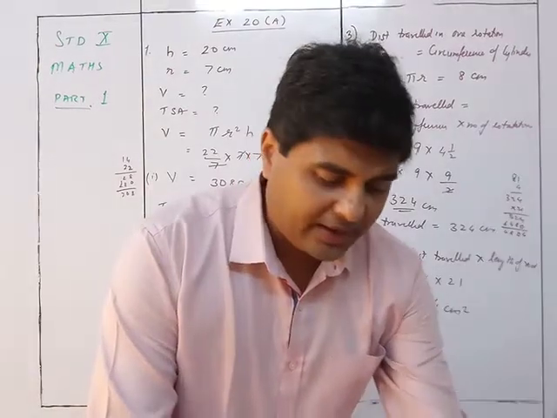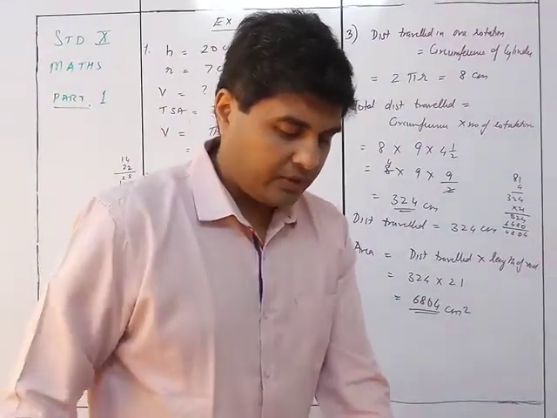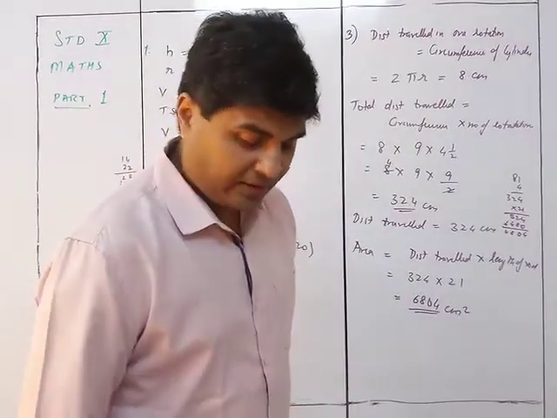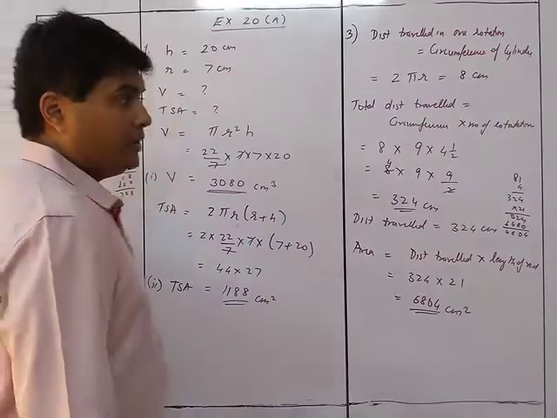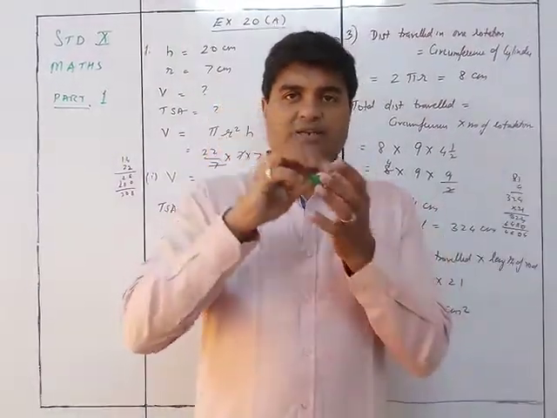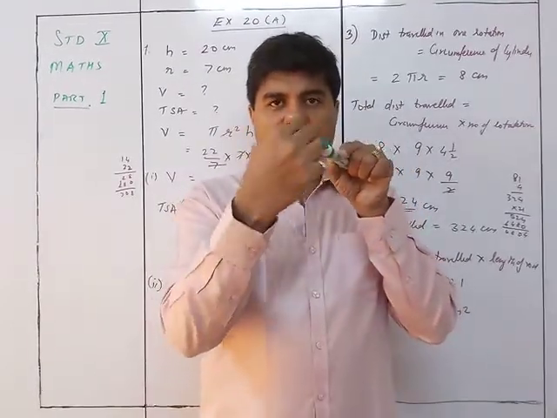So for the third sum, what we have is 324 centimeters and 6804 centimeter square. Okay, that was sum number 3. I hope you understood this part. It's a very simple thing. This is a rod having a length of 21 and the circumference is 8.